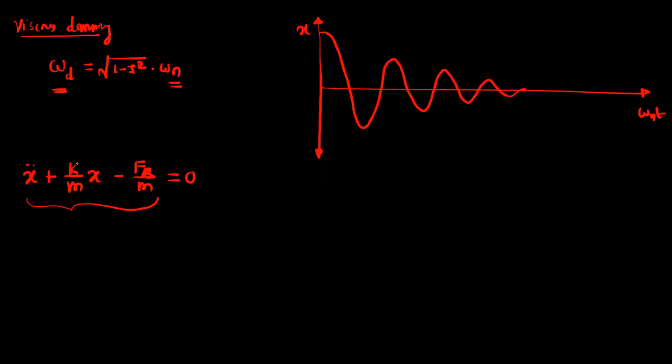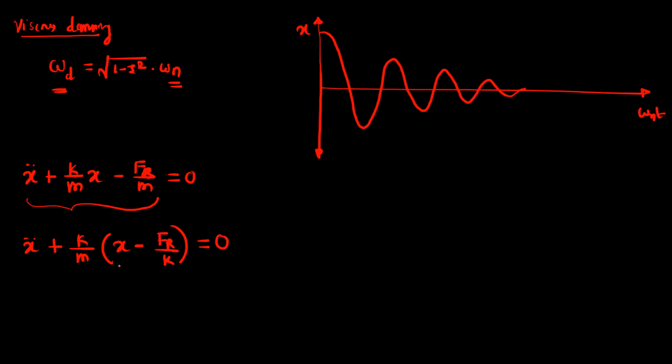Okay, so here I will take this k by m common. So x double dot plus k by m in bracket, x minus, from this term if I take the k by m common, the remaining term will be fr upon k, and this is equal to 0.